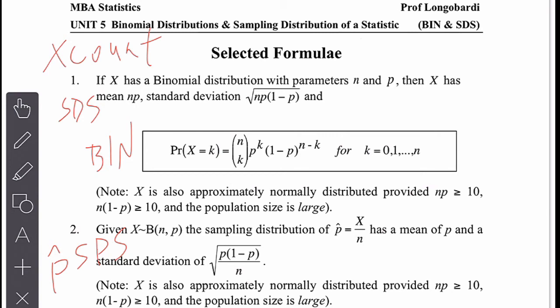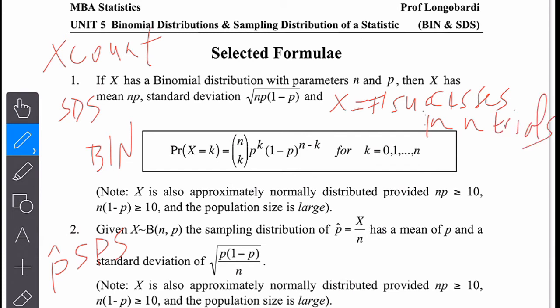Next, what you're going to do to know if you're going to use this one or this one is just basically if it's regarding the number of successes, you could write that down here if you need to, where x is the number of successes in n trials, right? And if you're talking about the proportion, this is all about the sample proportion.